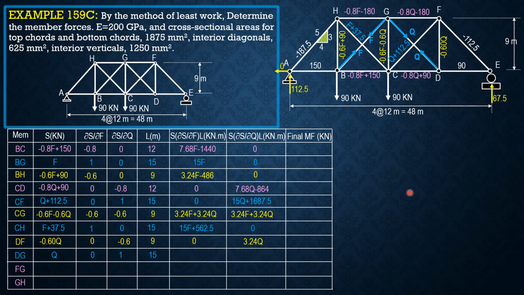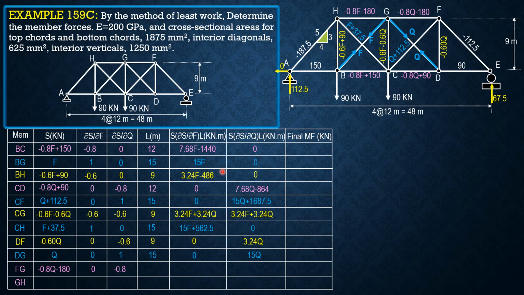So finally, we have to combine. First, let's set up this equation, combining the same colors for F. So we have 15.36F plus 288 for the pink color divided by area 1875E. This is the summation of S, partial of S with respect to F, length over AE.